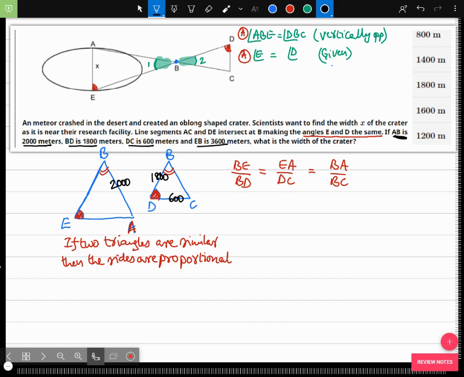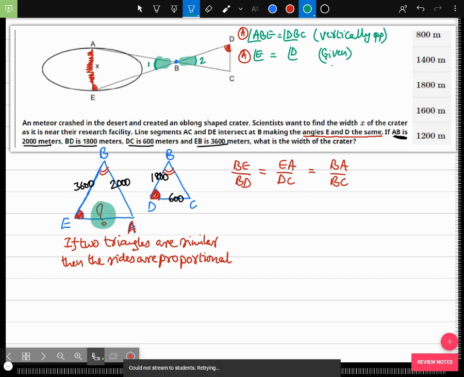EB is 3600. What is the width of the crater? Width of the crater means you are asked to find the length of AE. So the question is, what is the length of AE?